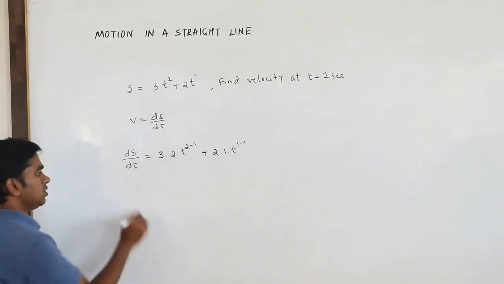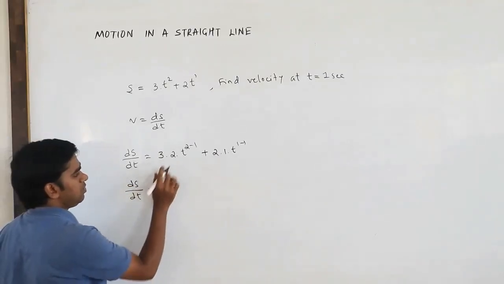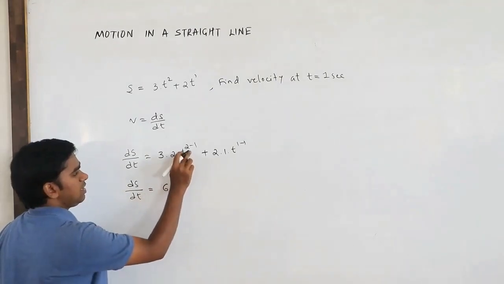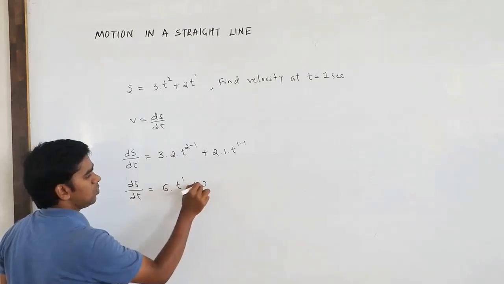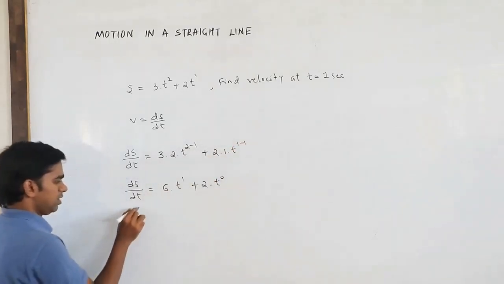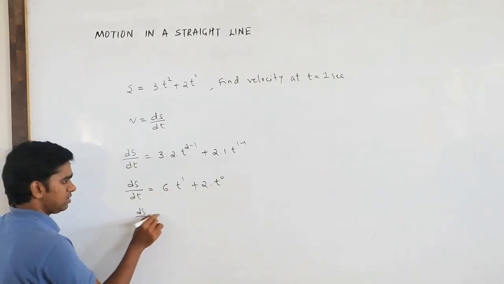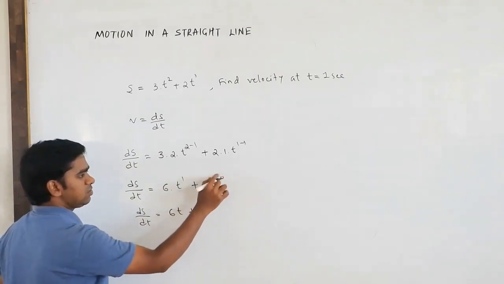So ds by dt equals 3 into 2, which is 6, t raised to 2 minus 1 is t raised to 1, plus 2, and t raised to 1 minus 1 is t raised to 0. So ds by dt equals 6t plus 2 times t raised to 0.